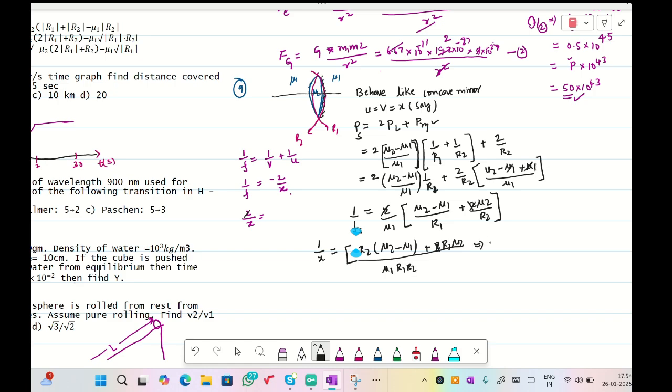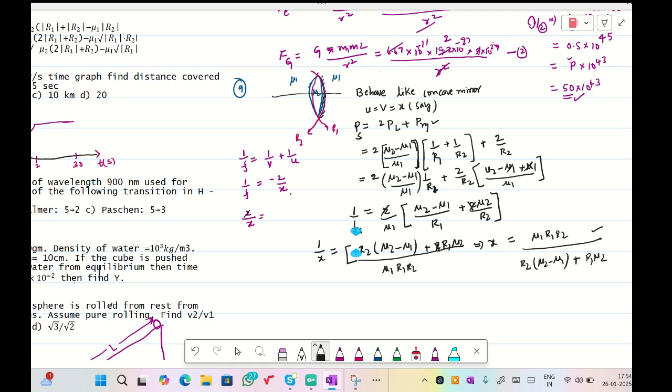So that implies x is equal to, final answer, x equals mu1 R1 R2 by R2 into mu2 minus mu1 plus R1 into mu2.